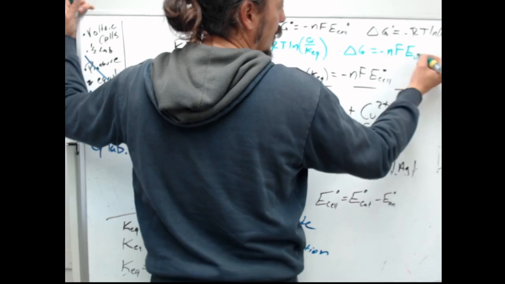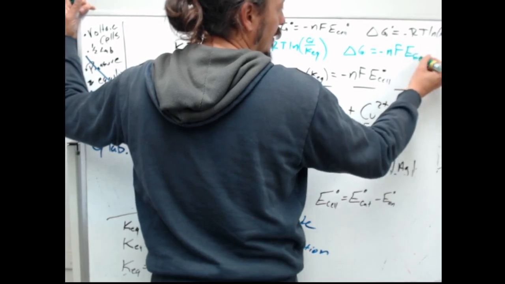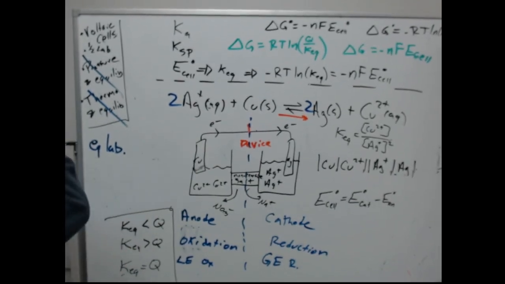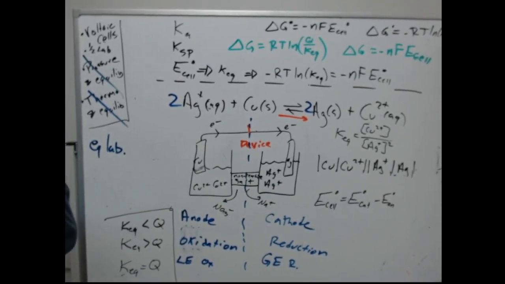Oh, I turned my C into an A, there we go. What you'll notice here is I dropped all the superscript zeros to say that it's standard conditions. So this is a non-standard cell potential.